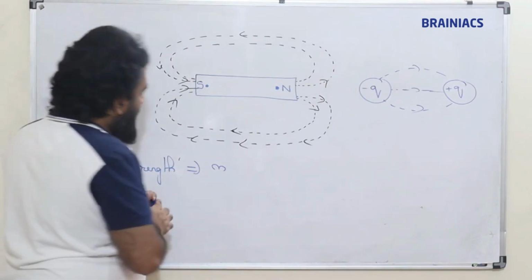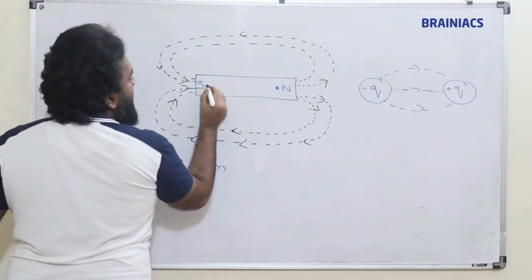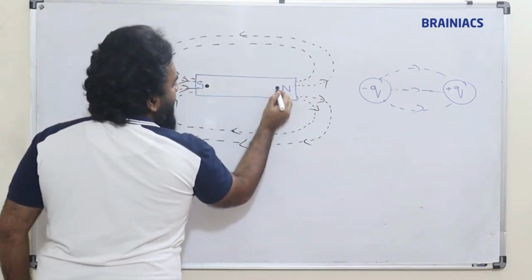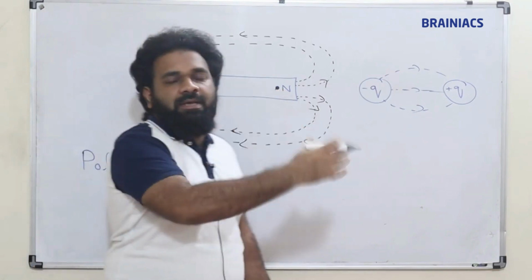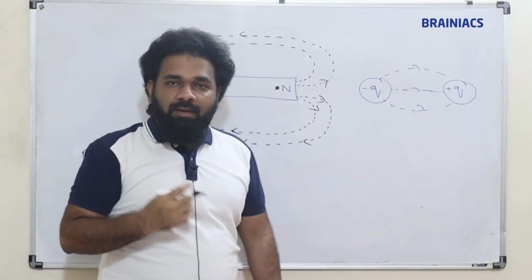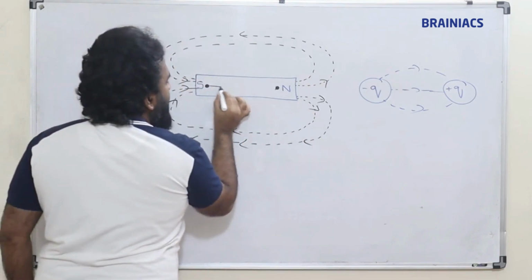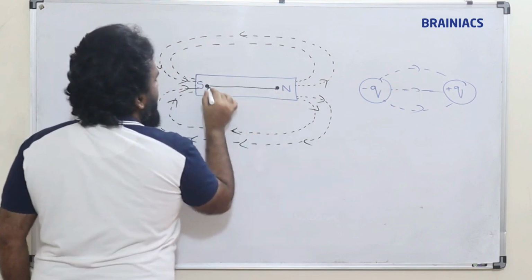Clear? Now these poles are not at the extreme end. The poles are a little bit inside the magnet. So we could say that this is the magnetic length.